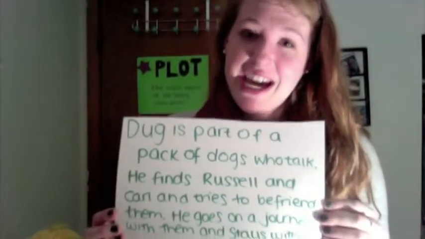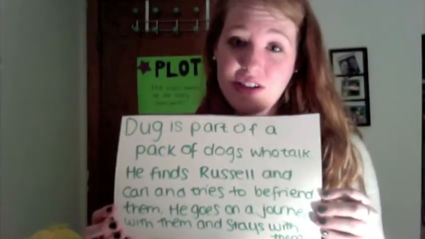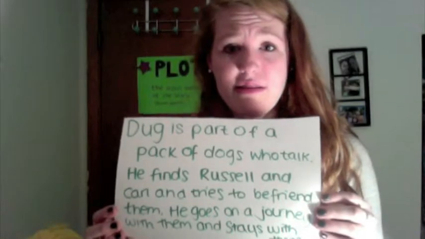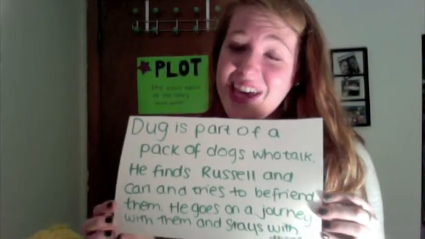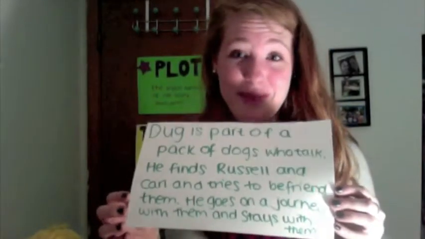So, all of you did a really great job. I picked one answer that I thought was really great and we could share out loud in class. This answer says, Doug is a part of a pack of dogs who talk. He finds Russell and Carl and tries to befriend them. He goes on a journey with them and stays with them after.